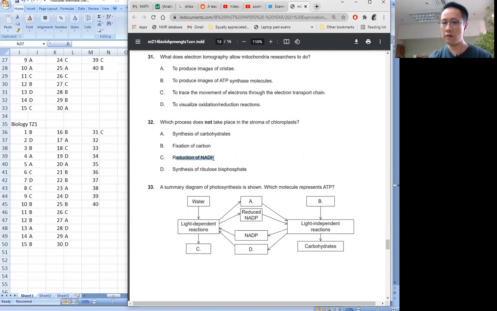Reduction of NADP occurs at the surface of the thylakoid membrane. But the synthesis of the RuBP, which is a chloroplast enzyme, because the chloroplast definitely has its own ribosomes and circular DNAs. I'm guessing I'll just go for C.